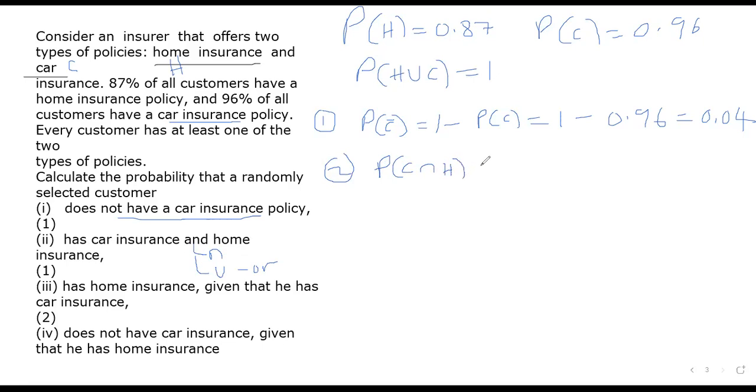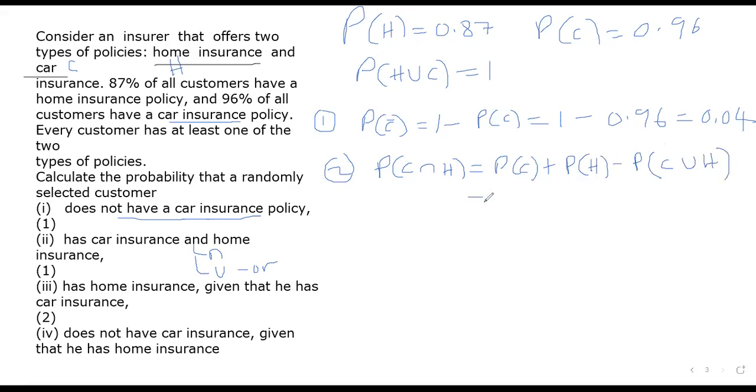We say that this is the same as the probability of C plus the probability of H minus the probability of C union H.